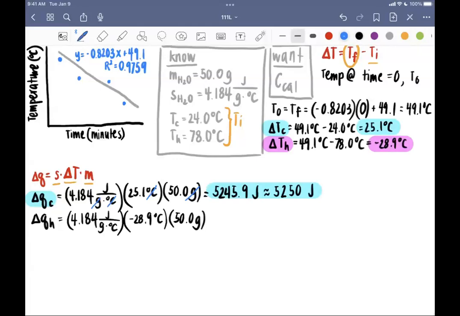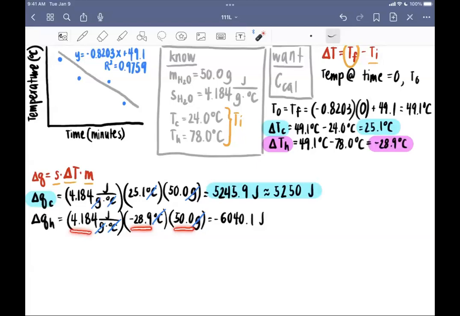Again, we can cancel units of grams and grams, degrees Celsius and degrees Celsius, so that we end up with negative 6,040.1 joules by multiplying 4.184, negative 28.9, and 50.0.